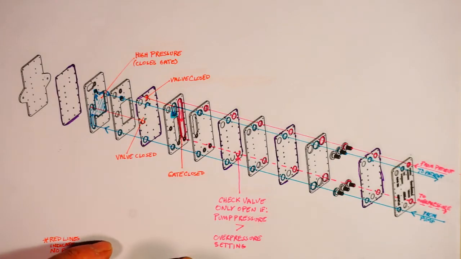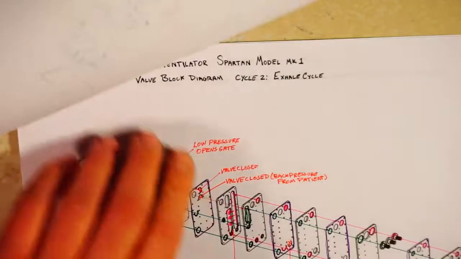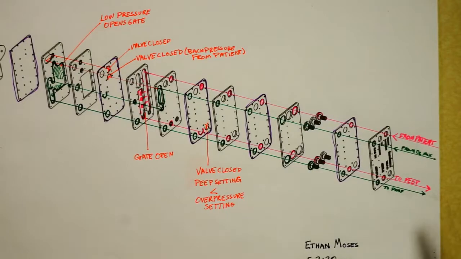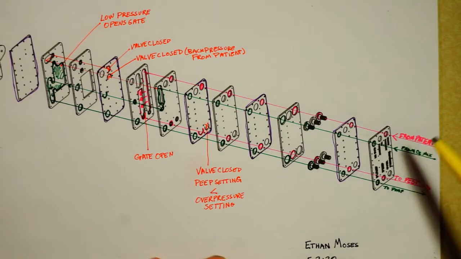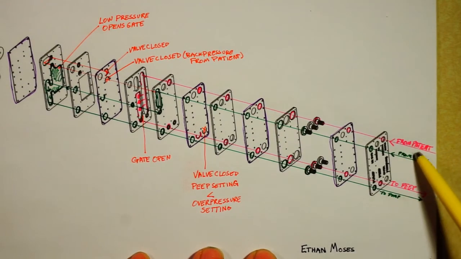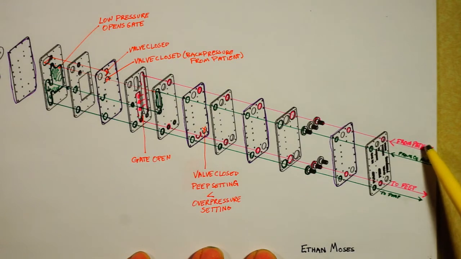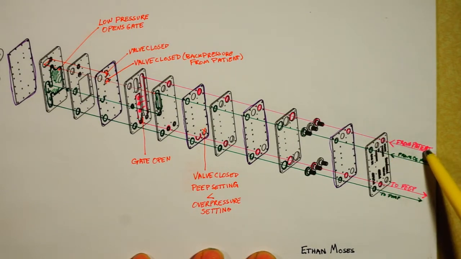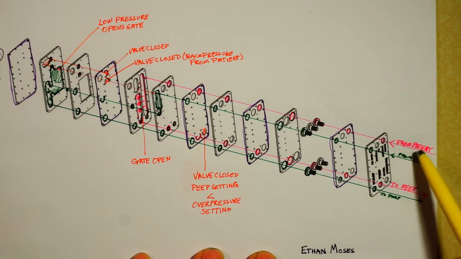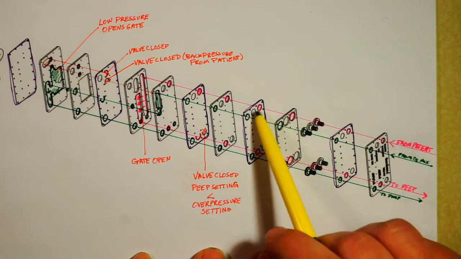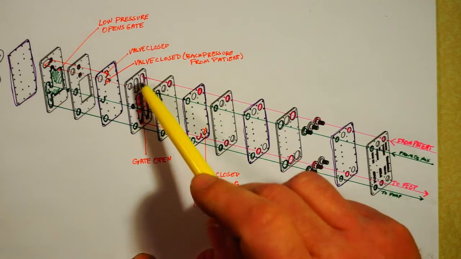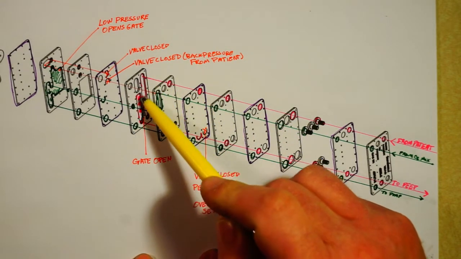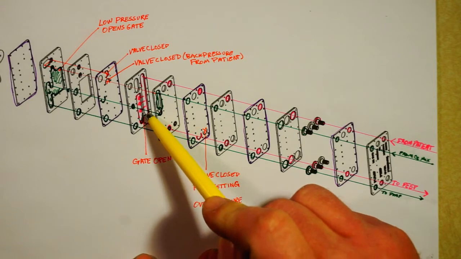Now let's take a look at the exhale cycle. Okay, so now the patient is exhaling. They have the peak pump pressure inside their lungs at the beginning of the exhale cycle. That is pushed through this port into the patient pressure chamber in the gate valve.